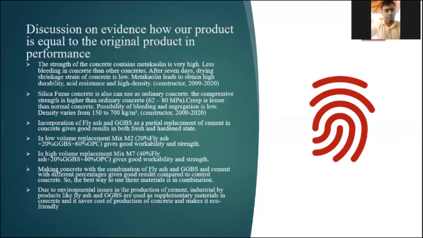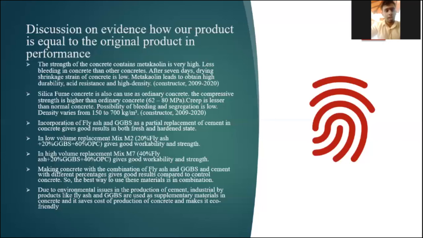Incorporation of fly ash and GGBS as partial replacement of cement in concrete gives good results in both fresh and hardened state, compared to the above mentioned two alternatives. In low volume replacement mix M2, 20% fly ash together with 20% GGBS and 60% OPC gives good workability and strength.